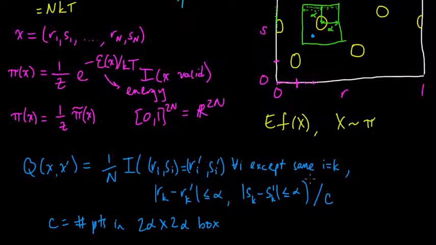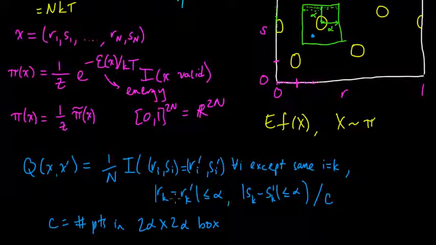So the first part is we uniformly choose a particle, and then we uniformly choose a movement of that particle. In this case, we would have chosen the kth particle, and we moved the kth particle.